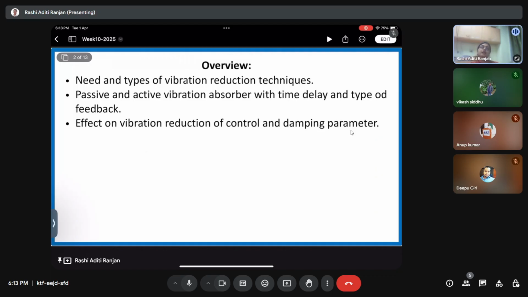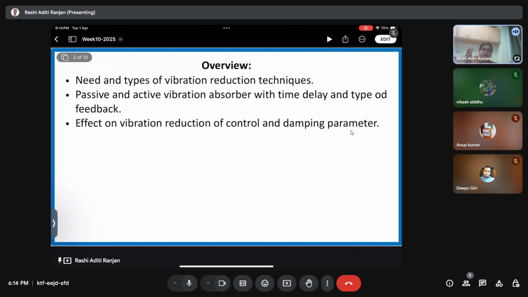After that, what kind of vibration absorber may be needed, passive or active? With a passive vibration absorber, it absorbs the vibration because of its properties, like its mass, stiffness, its viscoelastic behavior or damping behavior. But you cannot change it, right?